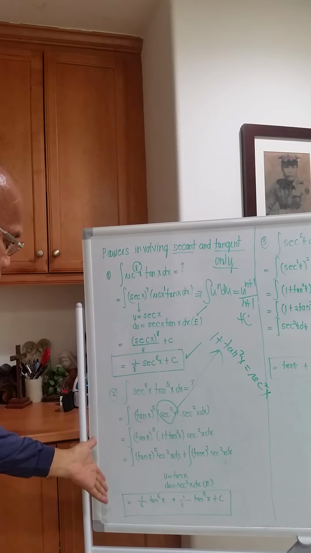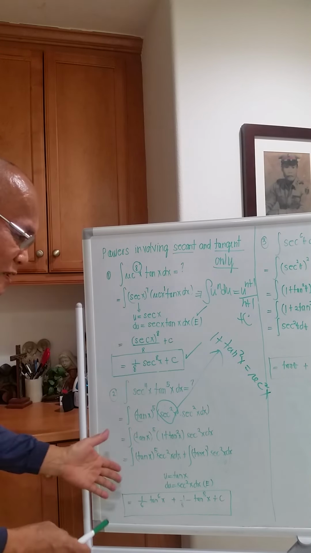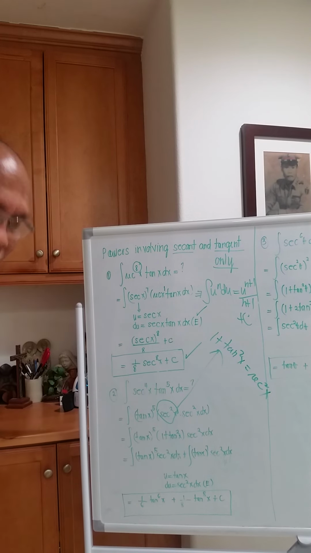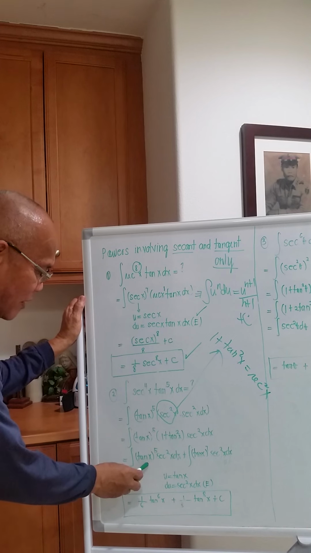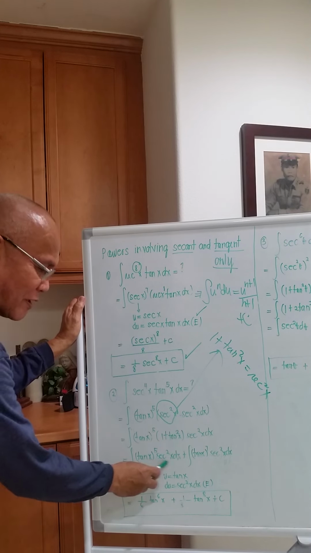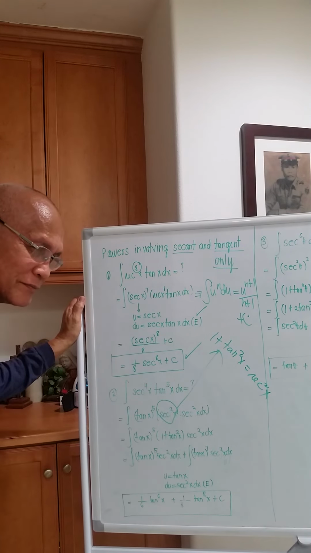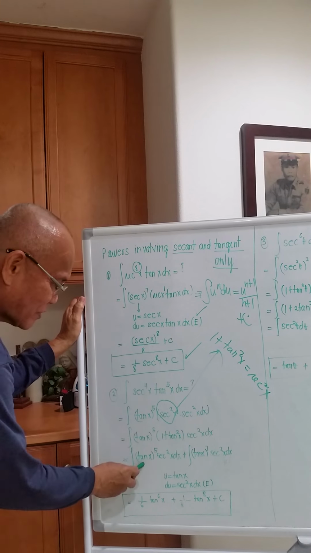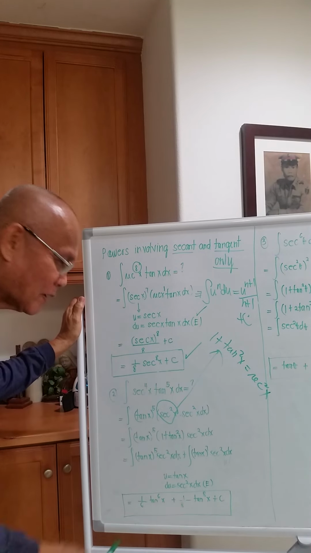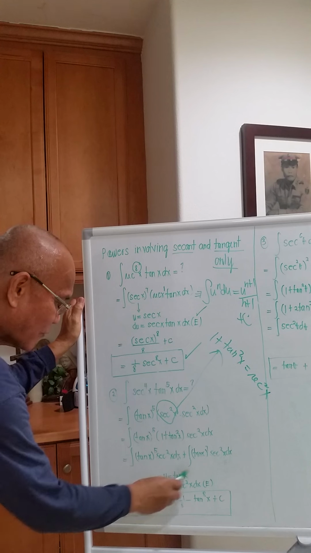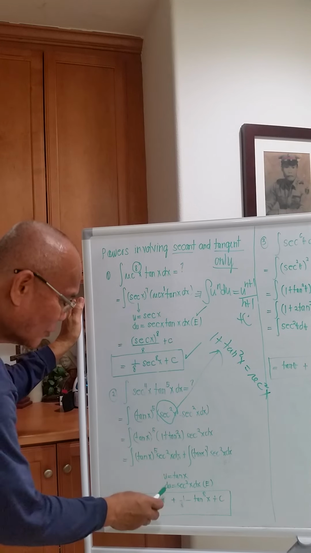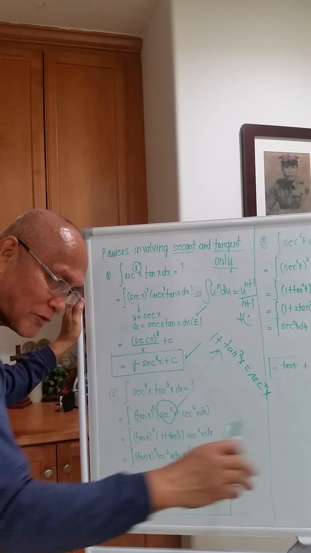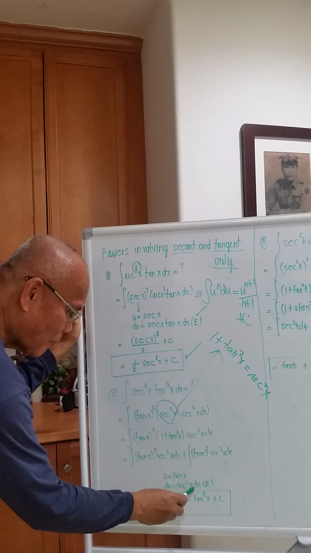For both, what comes out still falls under the power formula, because if we try to take the derivative of tangent, it is secant square on first look, right? So for both the first and second terms after expansion, the value of u is tangent of x. du will be the derivative of tangent, secant square of x dx.